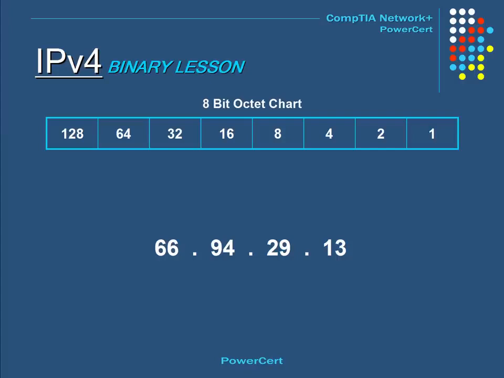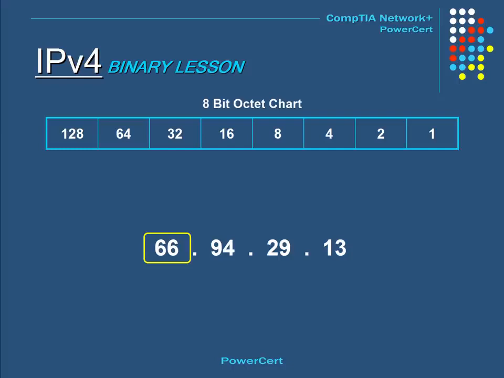If the number is a 1, then the number that it represents counts. If the number is a 0, then the number that it represents does not count. So, by manipulating the 1s and the 0s in the octet, you can come up with a range from 0 to 255. So for example, the first octet in this IP address is 66. So how do we get a binary number out of 66?